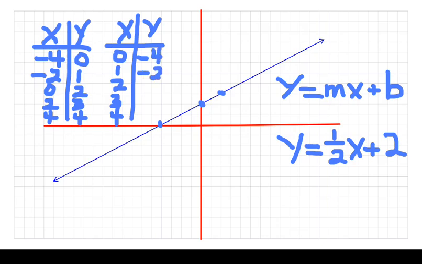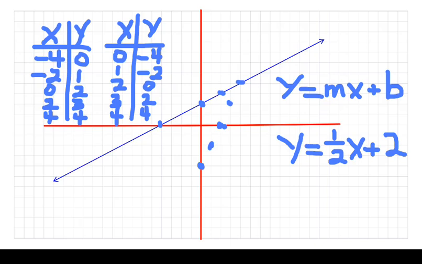So I just swapped my x's and y's, and these values, if I graph them, should make the line that is the inverse of my original equation. So I'm going to graph the points: (0, -4), (1, -2), (2, 0), (3, 2), and (4, 4).